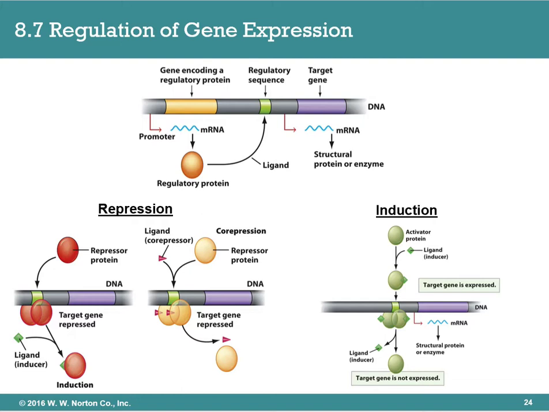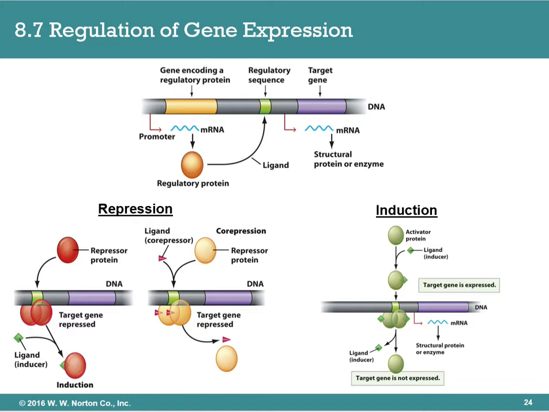So repression is where you don't have the operon on, so it's off, and then there is no transcription or translation, and it's an anabolic pathway. So that's the idea that I want you to get from induction and repression. That's all I want. The only reason why that's all I want is because you can take a whole class on this, and I just want you to know the big picture of induction and repression.